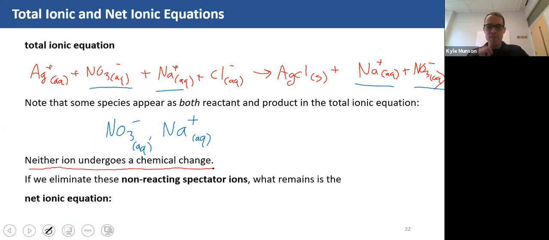All right. So if you eliminate the non-reacting ions, which we call spectator ions, what remains is the net ionic equation.